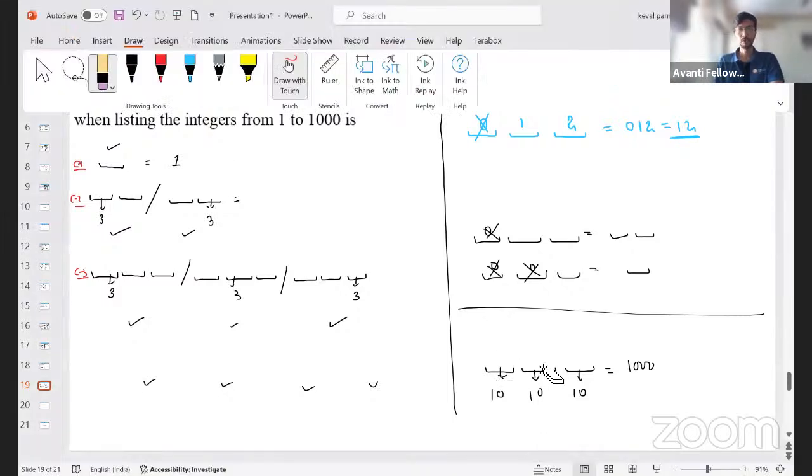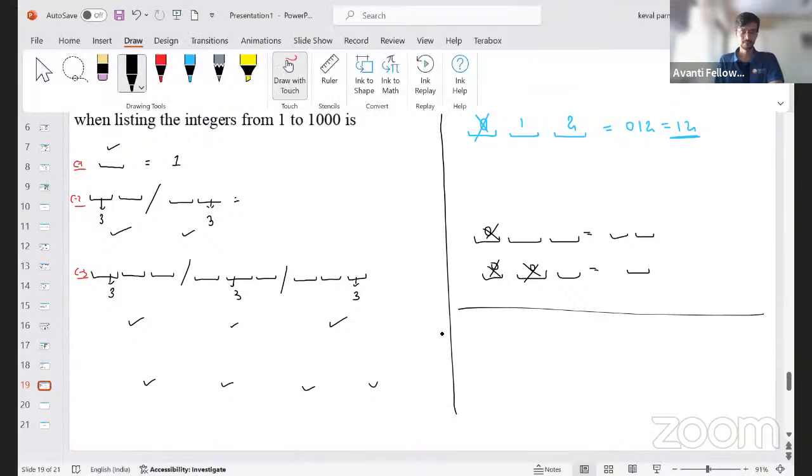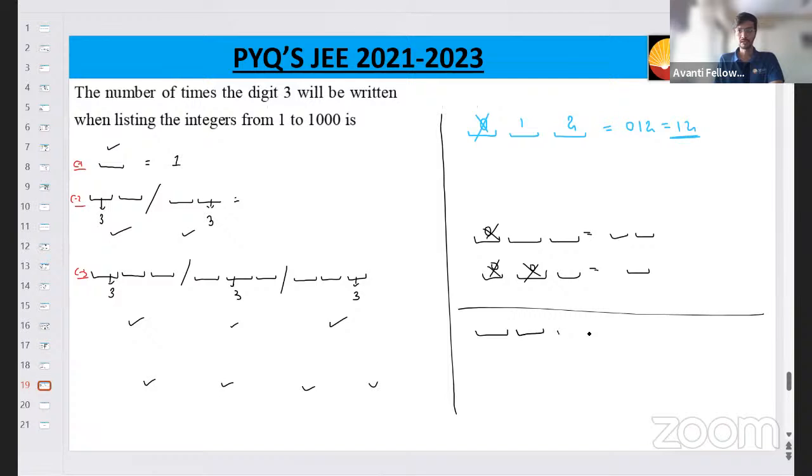अभी, if you followed my discussion till here, we want how many times 3 will occur. So if 3 is in the first position, we have 10 choices for this, we have 10 choices for this, which comes down to 100.